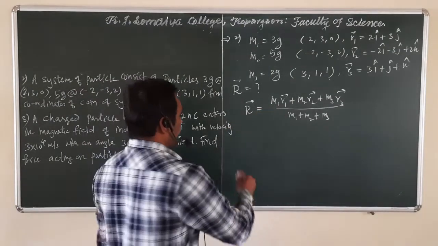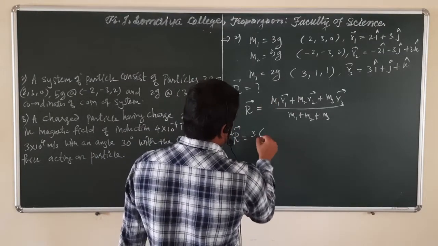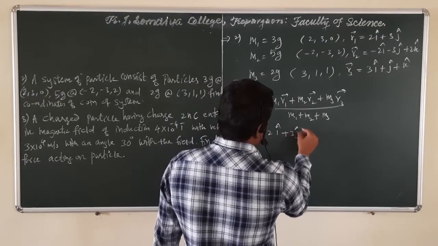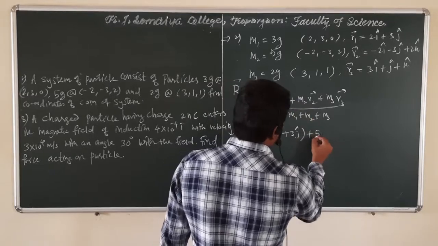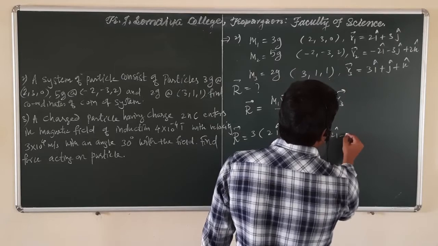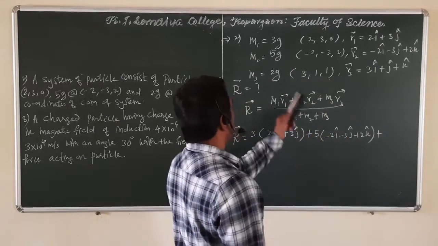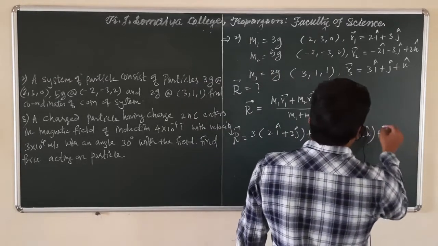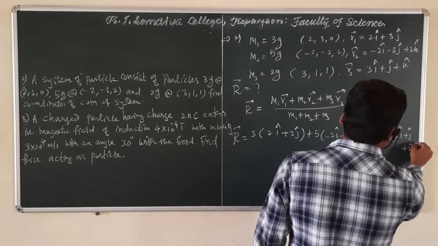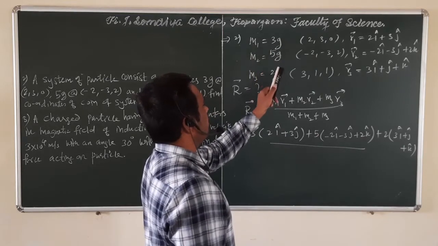Now using the given quantities, vector R is equal to M1 is 3, vector R1 is 2i plus 3j, plus M2 is 5, and vector R2 is minus 2i minus 3j plus 2k, and M3 is 2, which is 3i j k, and divided by the addition of M1, M2, M3, which is 10.